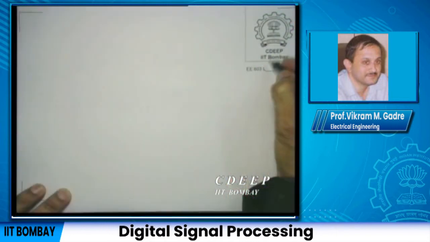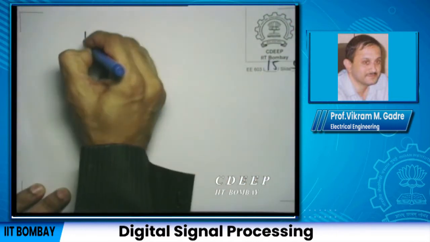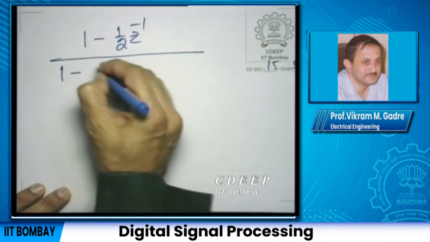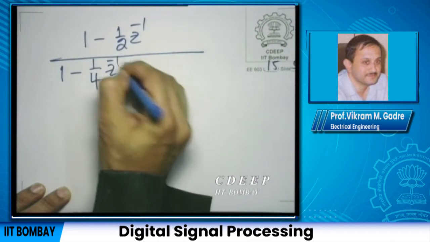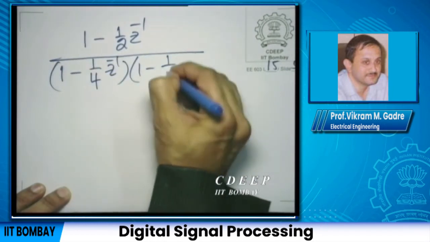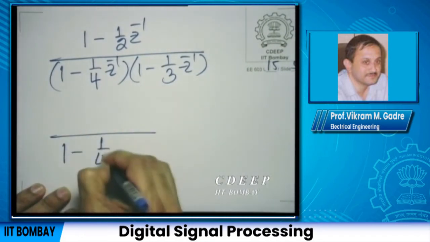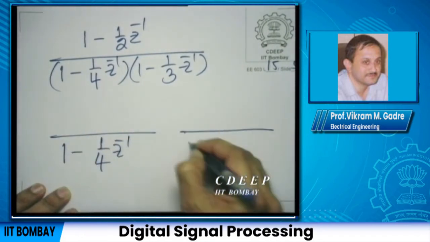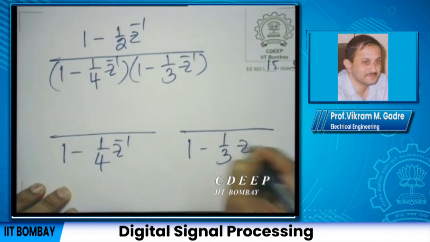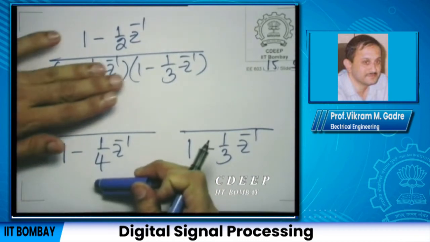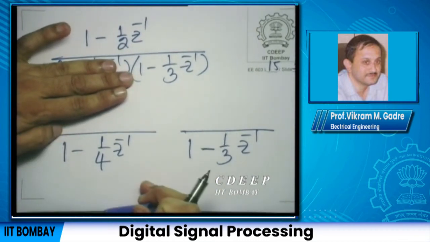There we go. So, we have 1 minus half z inverse divided by 1 minus 1/4 z inverse times 1 minus 1/3 z inverse, which can be decomposed by partial fraction expansion into 2 terms. To obtain this term, I multiply this z transform by 1 minus 1/4 z inverse and put z equal to 1/4.